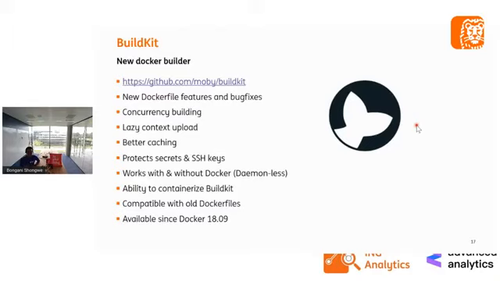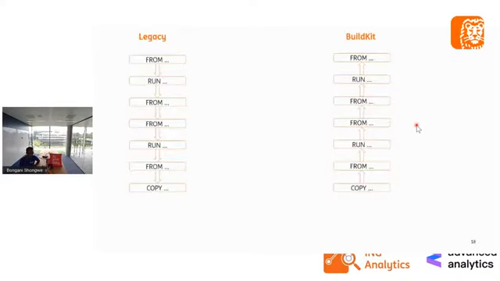It has extremely better caching than previously. It protects your secrets and SSH keys. It works with and without Docker, and it's daemonless. You have the ability to containerize BuildKit, so if you want to, you can have a Docker within a Docker. It's also compatible with your old Dockerfiles, so you don't have to do any changes. And you might not know, but it's actually been available since Docker 18.09.